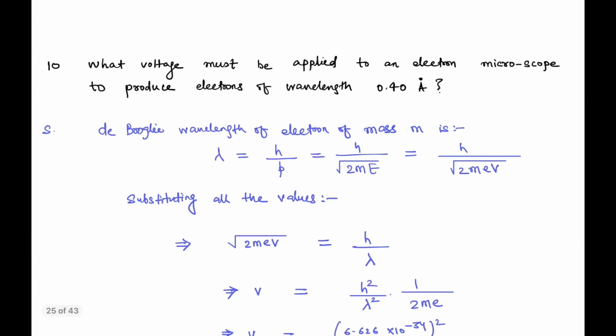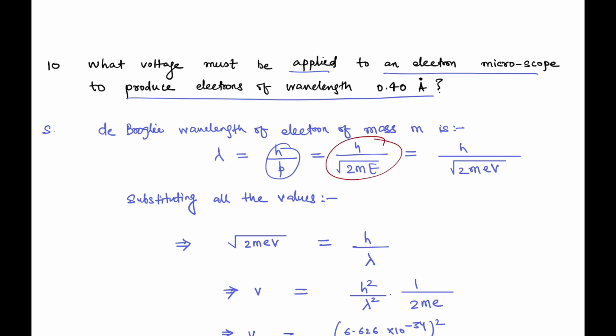Now the next thing we are going to do is, what voltage must be applied to an electron microscope to produce electrons of wavelength 0.40 angstrom? So we are directly going to use again the same formula, that is lambda is equal to h by p, where p is momentum and momentum is root 2mE, where E is kinetic energy.